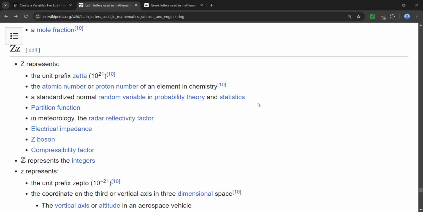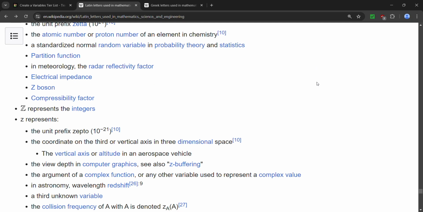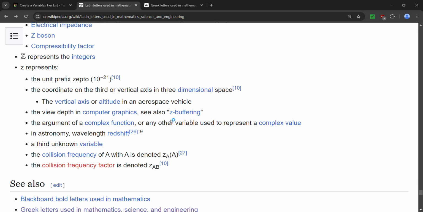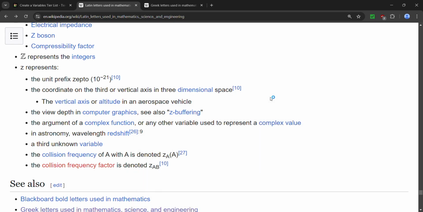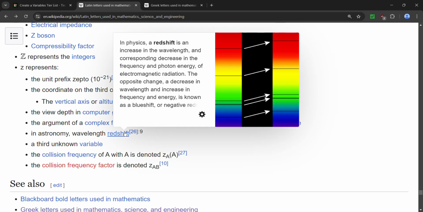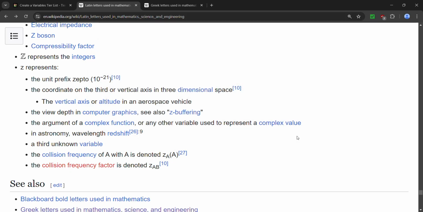Z. Okay. The atomic number. Okay. Electrical impedance. Okay. And the z-axis. Z buffering. Cool. Redshift. Interesting. I haven't seen it used to represent that.